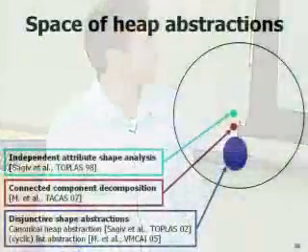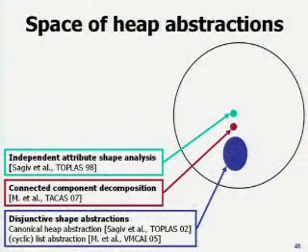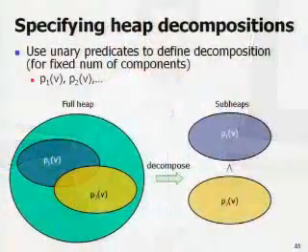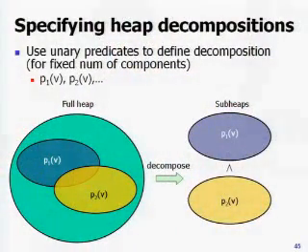How is it different from the symbolic heaps that Podolsky and Thomas use, like these parametric unary predicates? There are two classes of unary predicates. The unary predicates that they use are for the bounding abstraction. Here I'm using them for the decomposition.